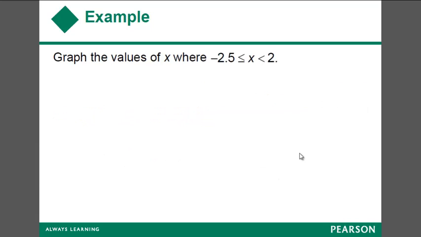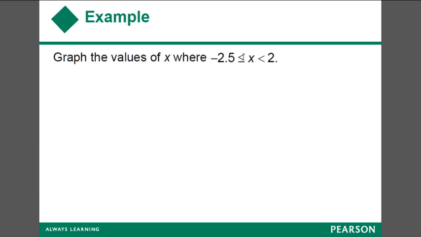Here's another one where -2.5 is less than or equal to x, less than 2. So we want to know the values of x where x is greater than or equal to -2.5, but it is less than 2.